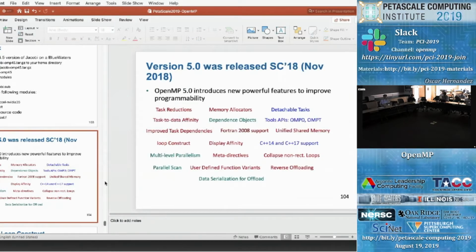What's the relative performance of unified shared memory? Is it slower than explicitly copying data? Yes. It's always going to be slower, because when we explicitly copy the data, we're transferring data in bulk.